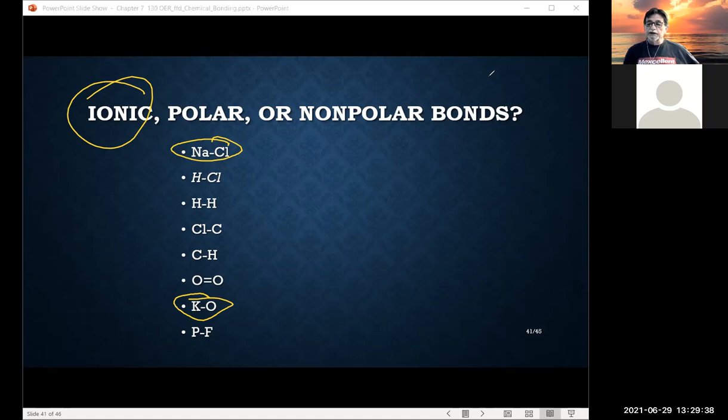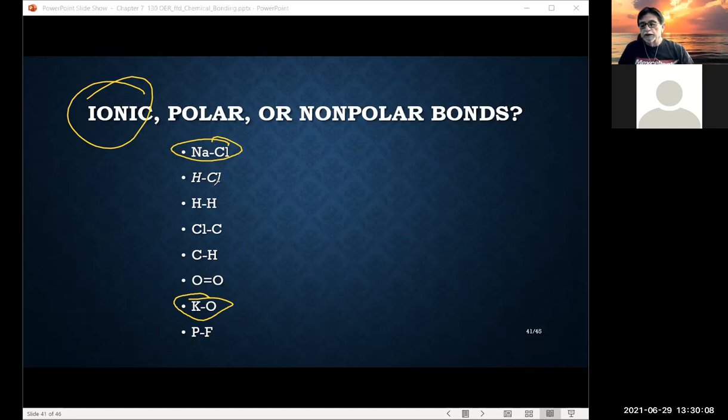The question is, is it polar or nonpolar? Okay, so we look at hydrogen and chloride. Hydrogen nonmetal, chloride nonmetal. We definitely have a covalent bond. The question is whether it is polar or nonpolar. Well, there is a difference in polarity because of electronegativity. Hydrogen is way far left on the periodic table compared to where chloride is.